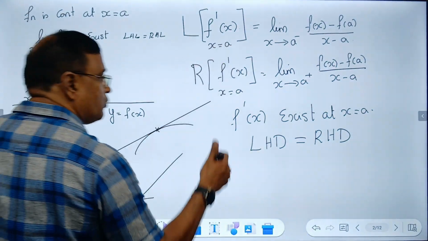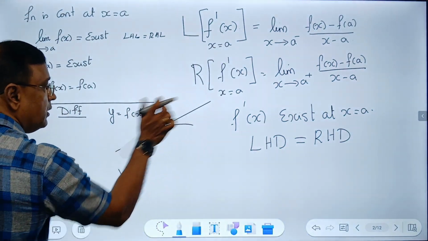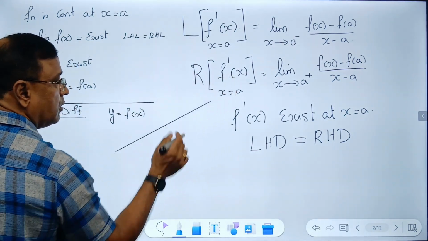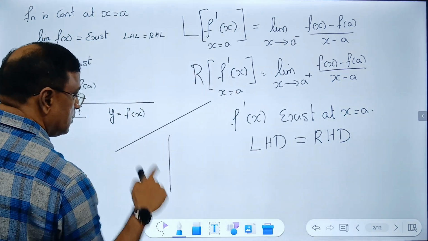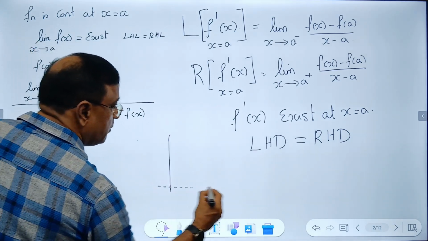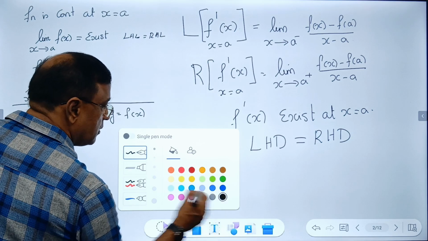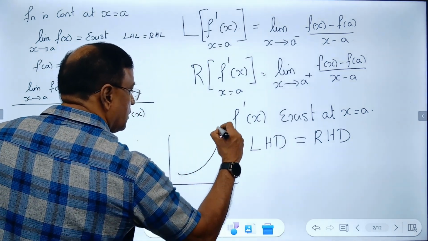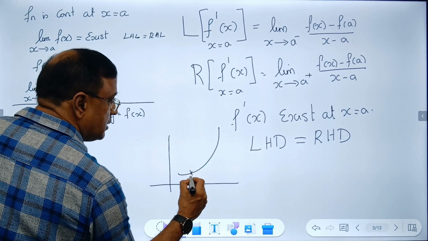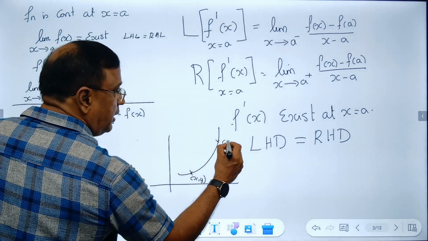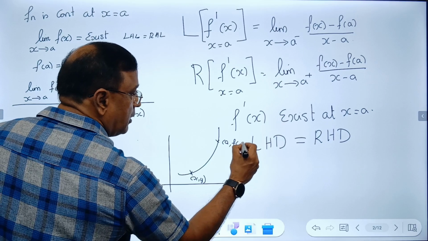Now just to give you a quick idea of that graph, see this, you have the function y equal to f of x. If I take this as x comma y, this will be a comma f of a.